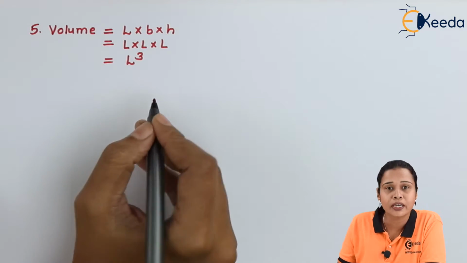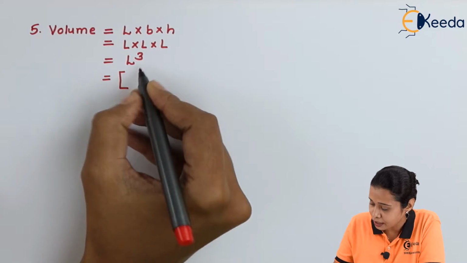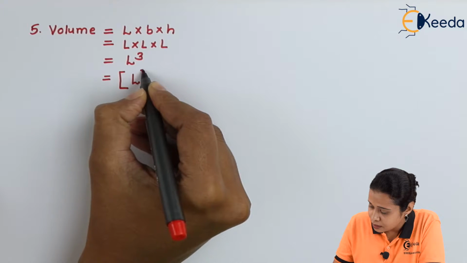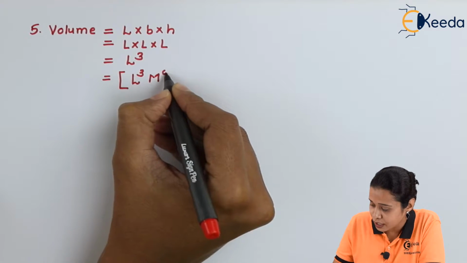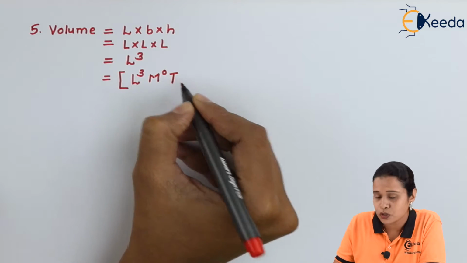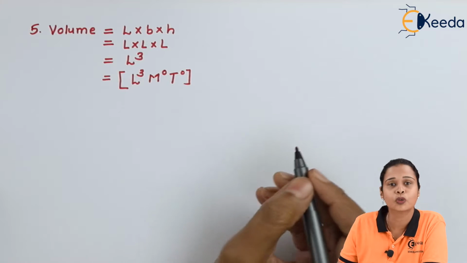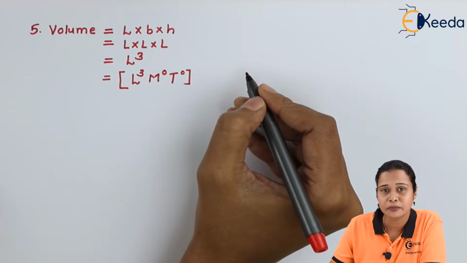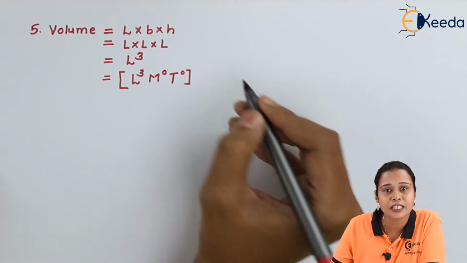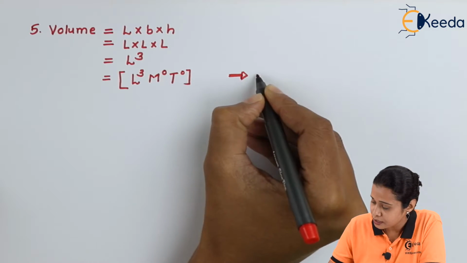Now if you want to write down the dimension of volume, we will write down in a square bracket. So L raised to the power 3. Mass term is absent here, so we'll write down 0. Time is also absent, so we'll write down 0. And if you want to write down the unit of this, so L cube, L is nothing but length and that length is expressed in terms of meter. So the unit for this is meter cube.